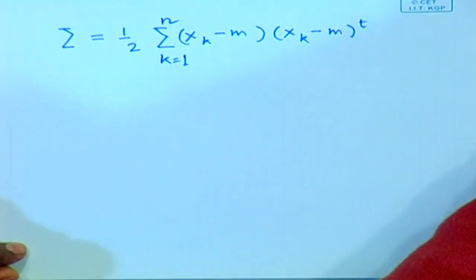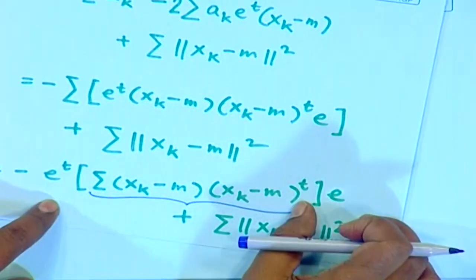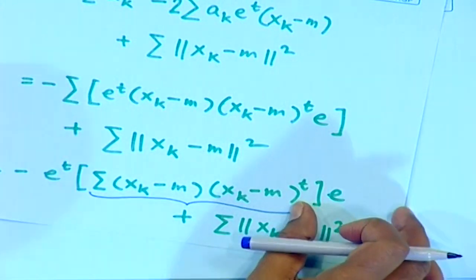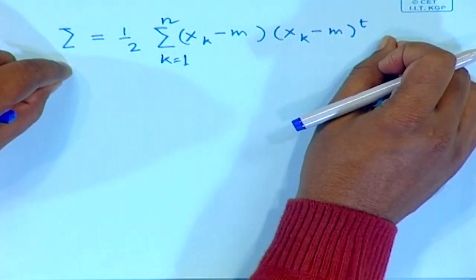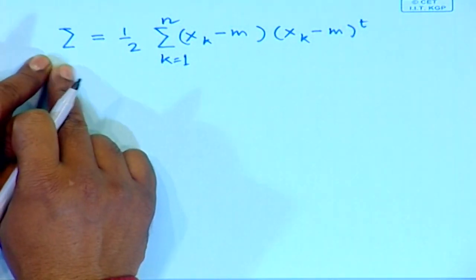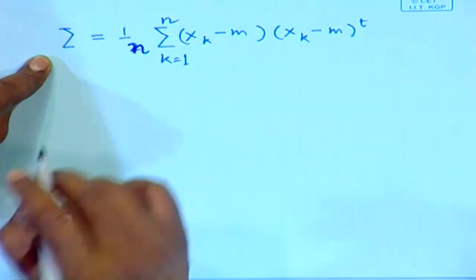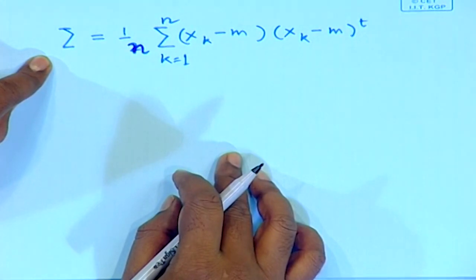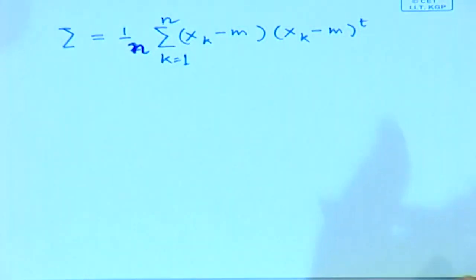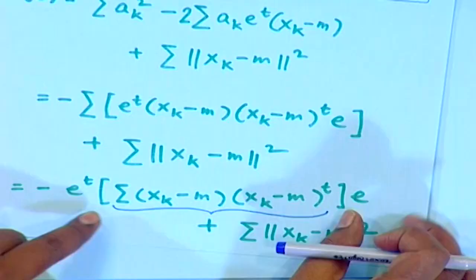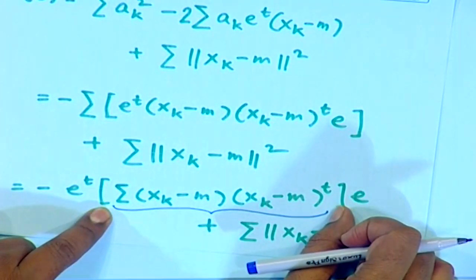And here you find that this term is nothing but a scaled version of this term. If I multiply the covariance matrix by n, which is the number of samples over which I am trying to compute the covariance matrix, I get this term. And this is what is called the scatter matrix.